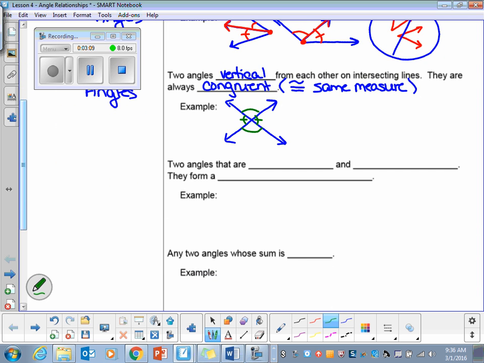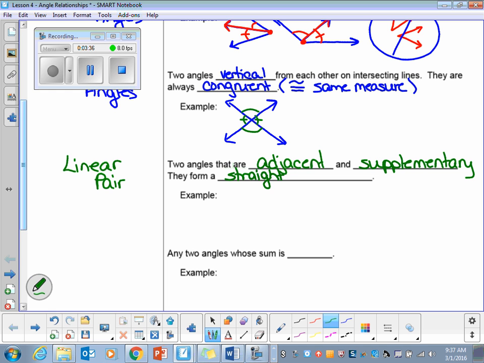Let's see, a linear pair. Two angles that are adjacent and supplementary. If you are adjacent and supplementary, you form a straight line or a straight angle.